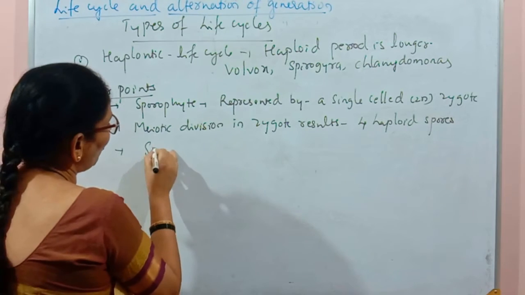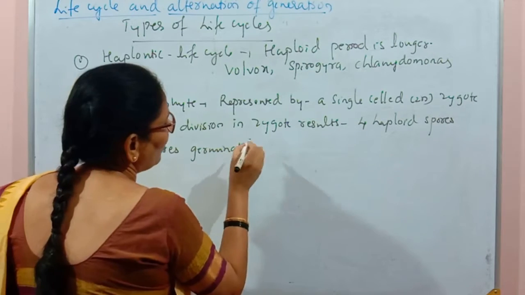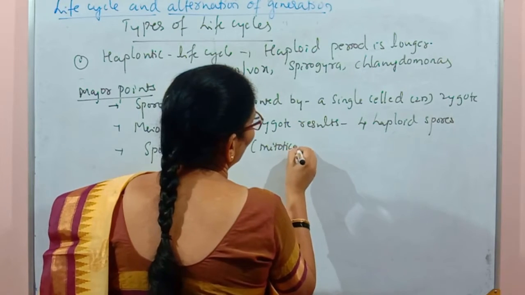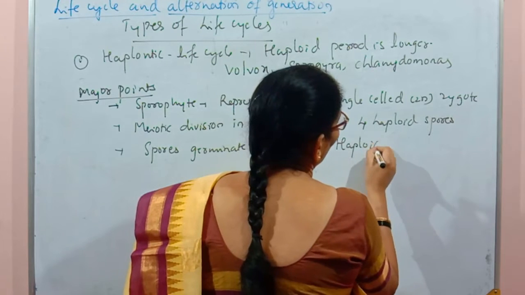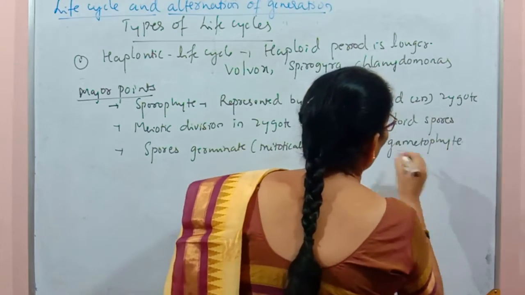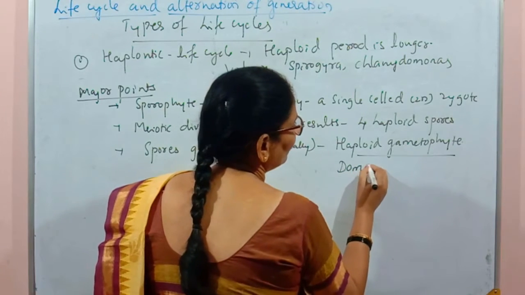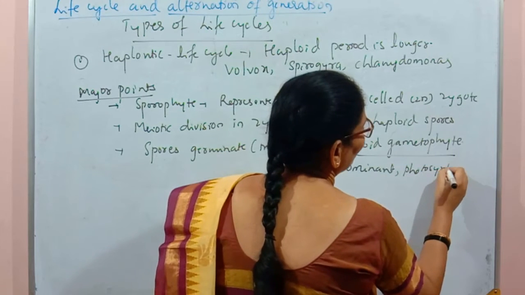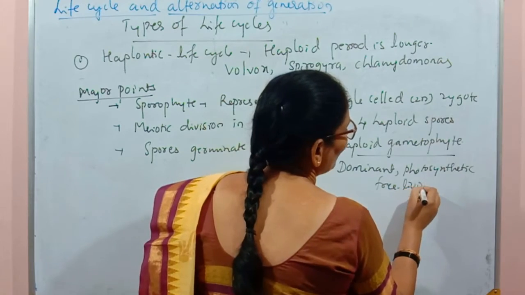When these spores germinate or develop by mitosis, they produce haploid gametophyte, and this haploid gametophyte is dominant, photosynthetic, and free living.